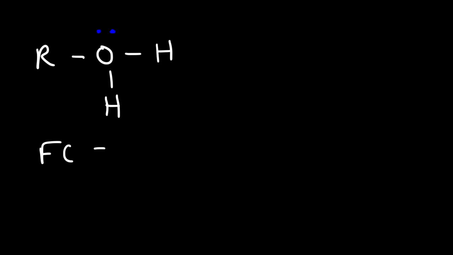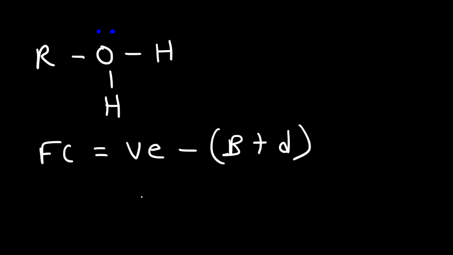Now what about this example? So let's say we have R, O, H, and another H with a lone pair. What is the formal charge on oxygen? So using the same formula, the formal charge is going to be the number of valence electrons minus the sum of bonds and dots on that element.